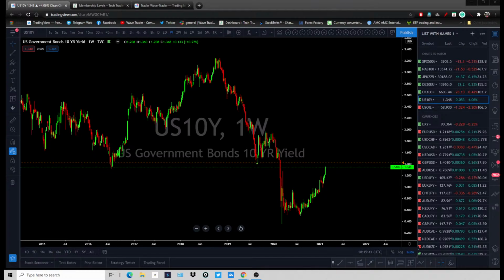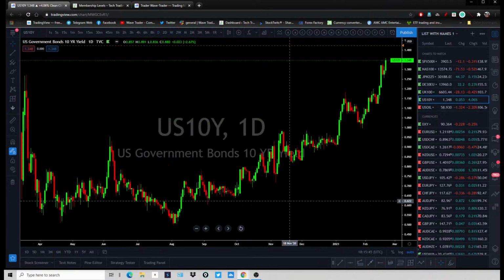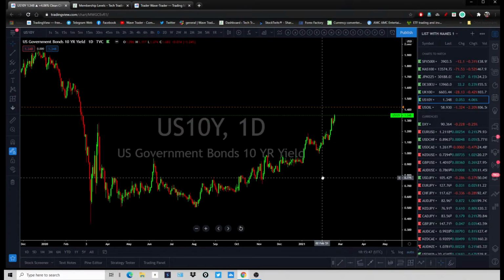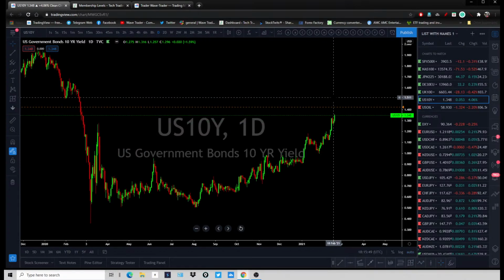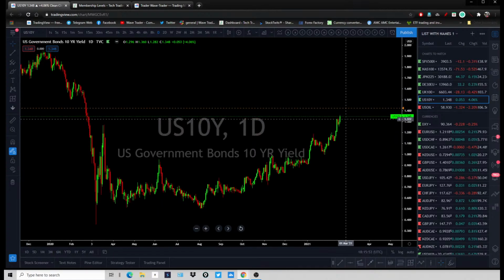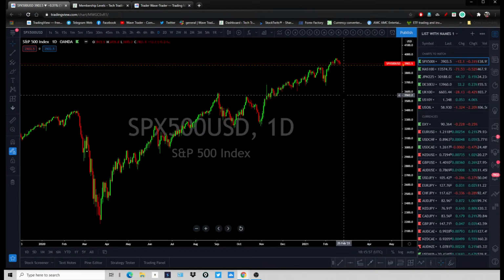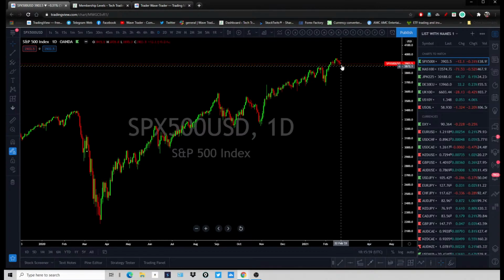If we see a sharp breakout on the yield, a quick move above 150, which we are expecting to happen, then indices are going to stay under pressure. We're not going to see a big move for more upside on the indices.